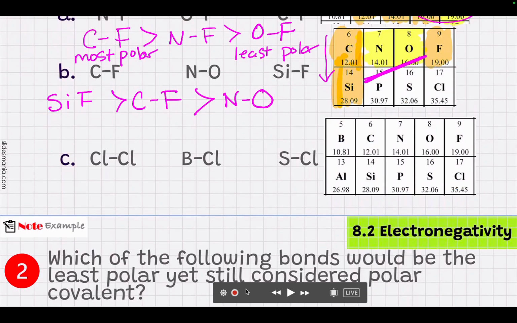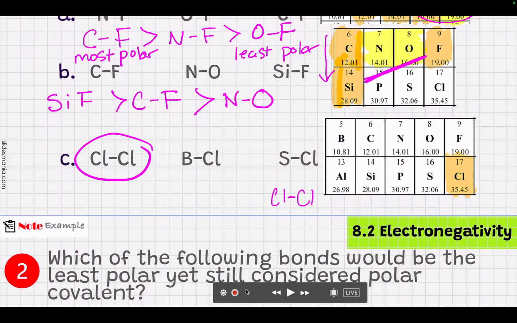Next one, these ones are all bonded to chlorine. And we can say our least polar for sure will be this diatomic. That's the only truly nonpolar molecule.